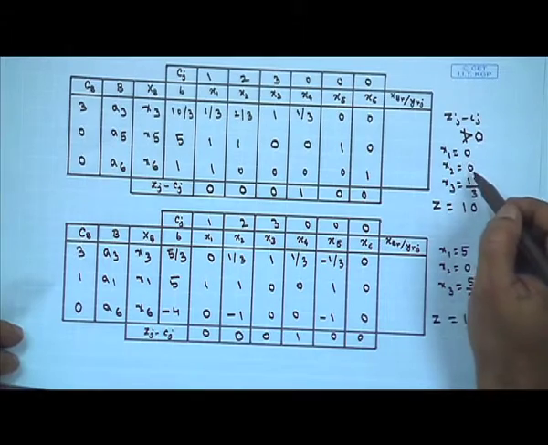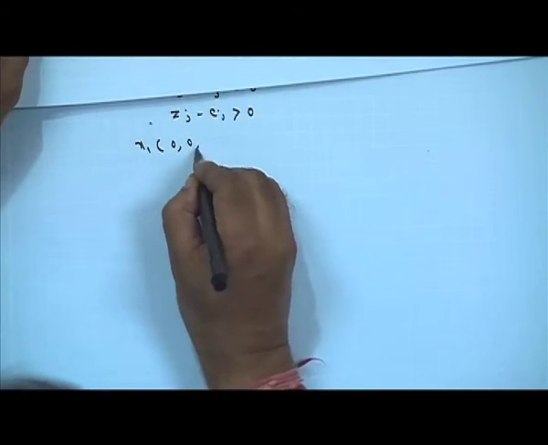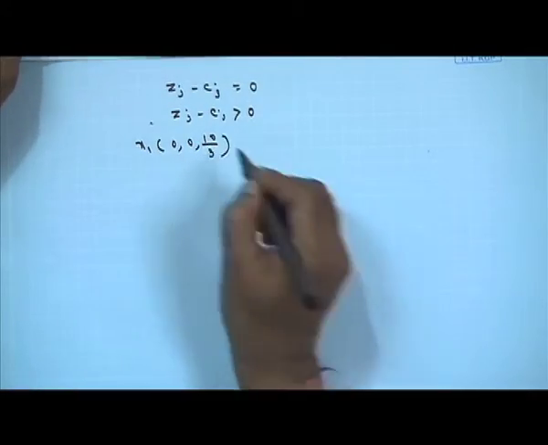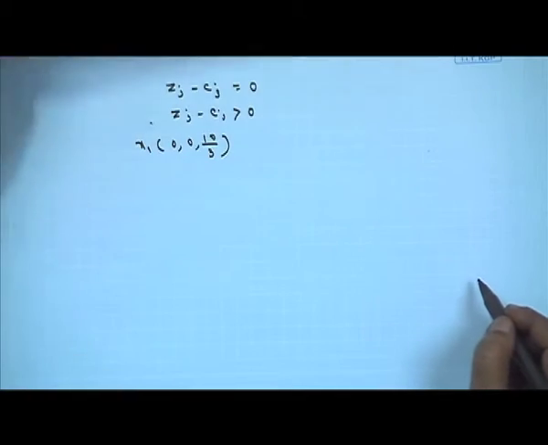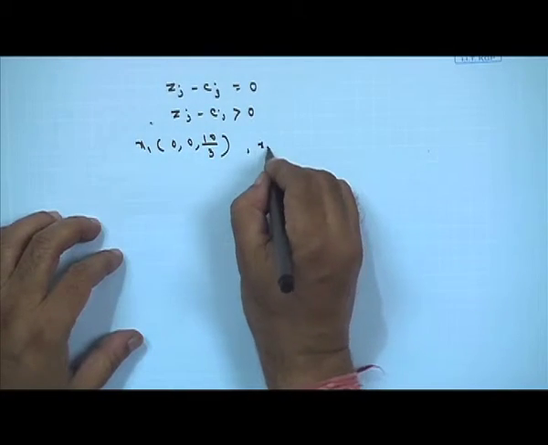That means, we want to say that suppose your x1 here is this point, I am taking x1 as 0, 0 and 10 by 3, and x2 I will take as 5, 0 and 5 by 3, because already we have seen that.